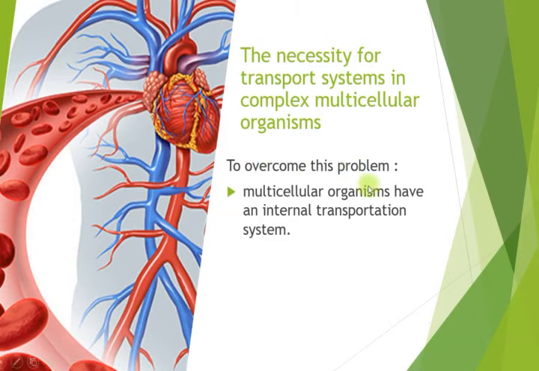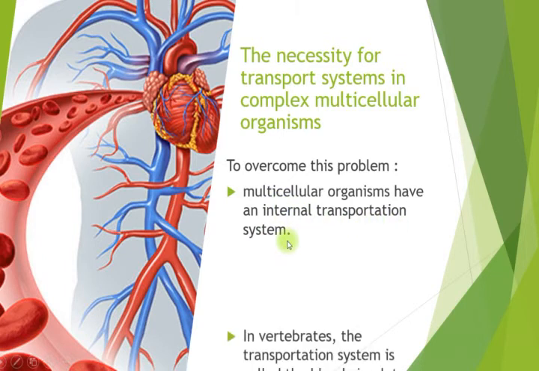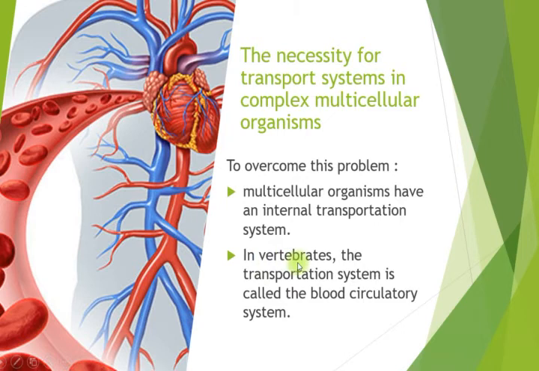Multicellular organisms have an internal transportation system to get the oxygen and nutrients. In vertebrates, animals with backbones, the transportation system is called the blood circulatory system.